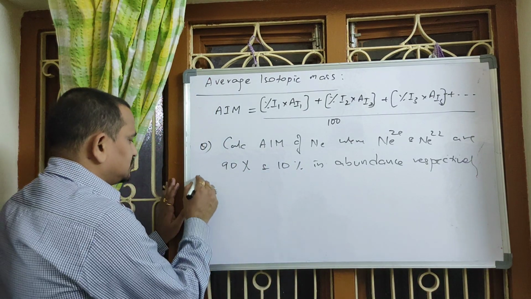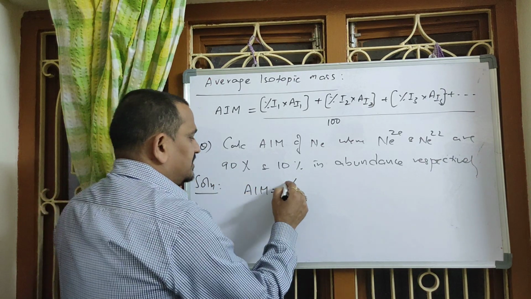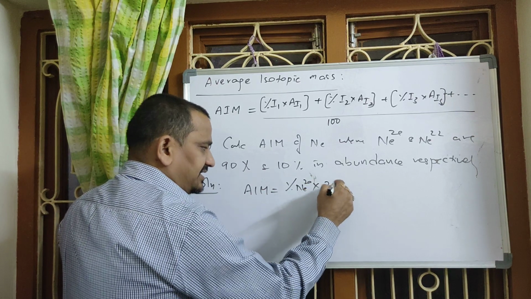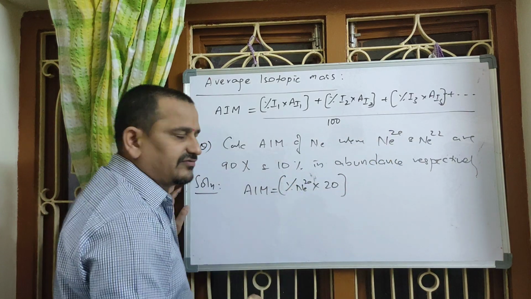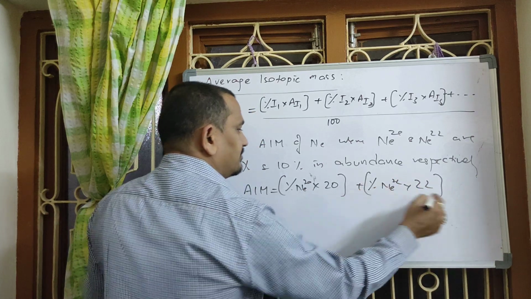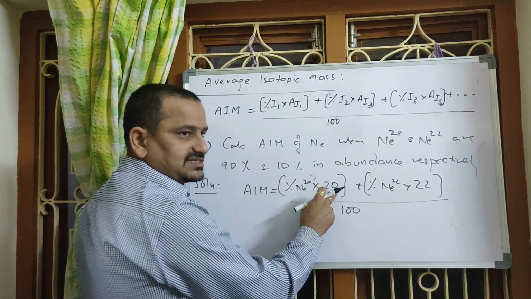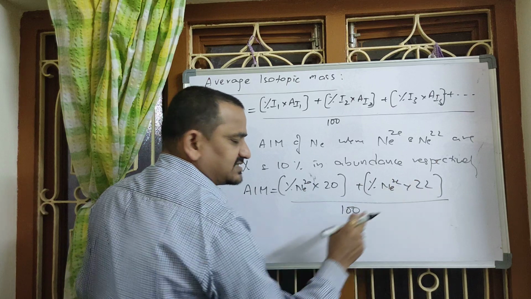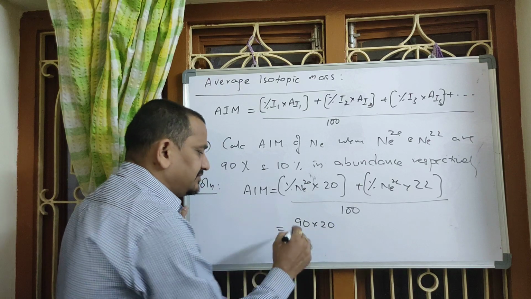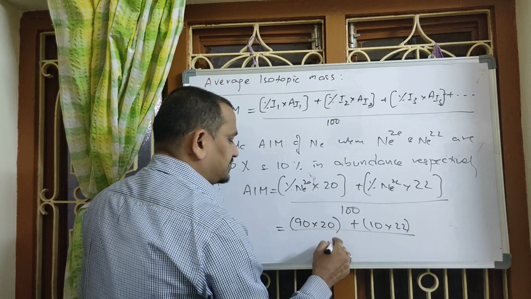Now let's come to the solution. Average isotopic mass equals percentage of neon 20 into 20, because that is the mass number of the first isotope, plus percentage of neon 22 into 22, divided by 100. That is 90% into 20 plus 10% into 22 by 100.